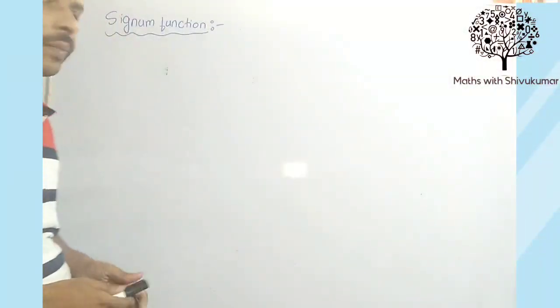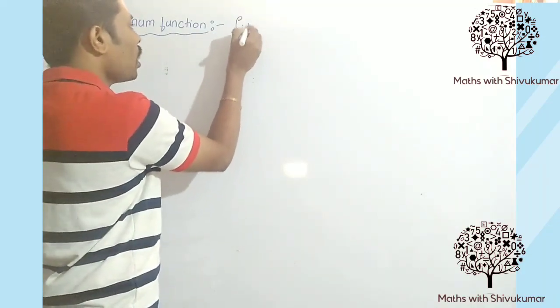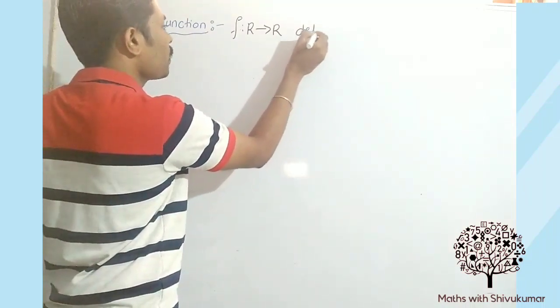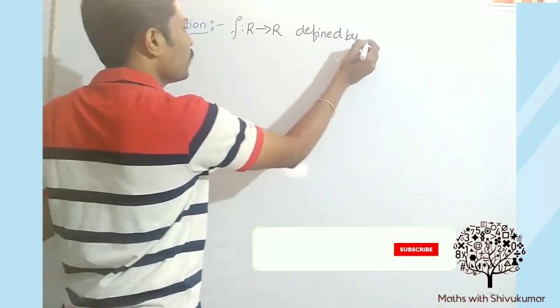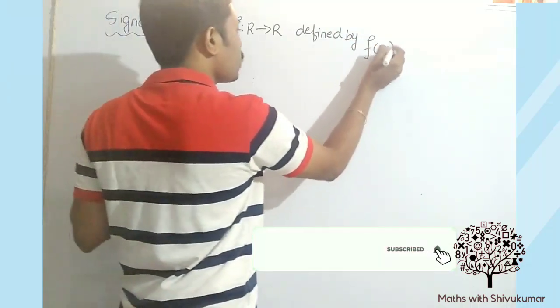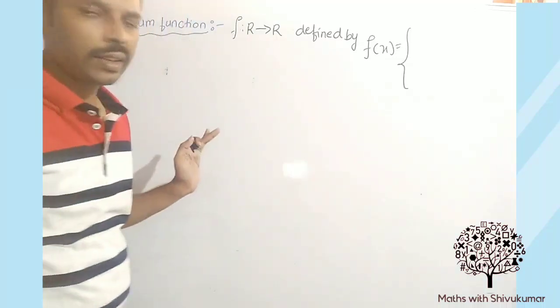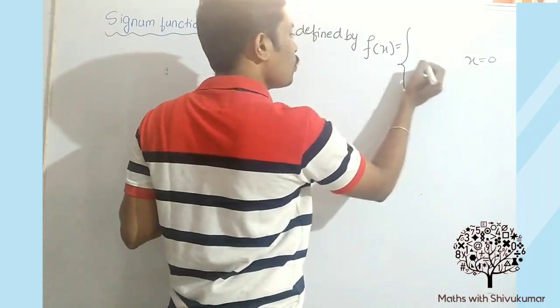Signum function. So students, again a function f from R to R defined by, observe here, f of x is equal to, the definition of the signum function states that if the input value is 0, then the output will be 0.